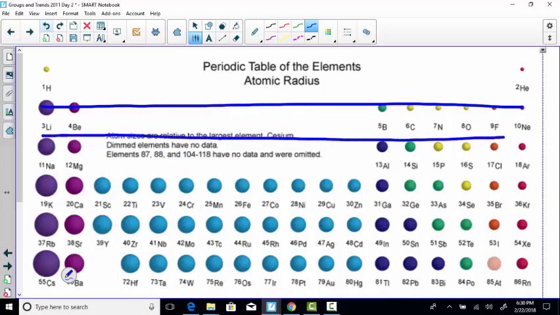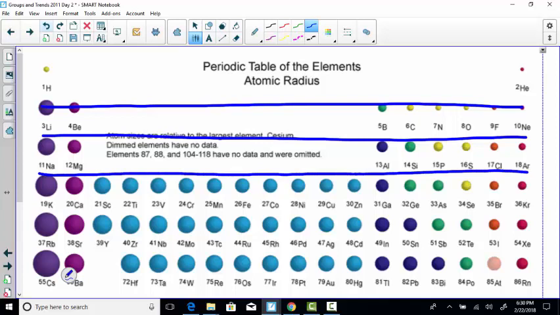Definitely here, trend, we are getting smaller. Now, even across the D block, there's not a whole lot of change through here. They don't actually change that much. But the trend is that they get smaller. So that is the period trend.